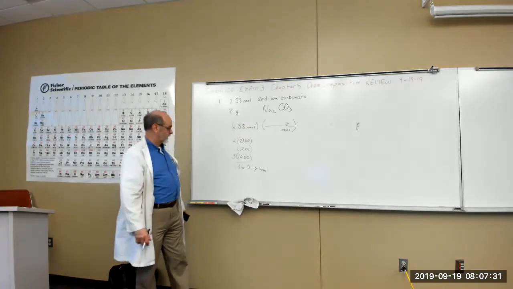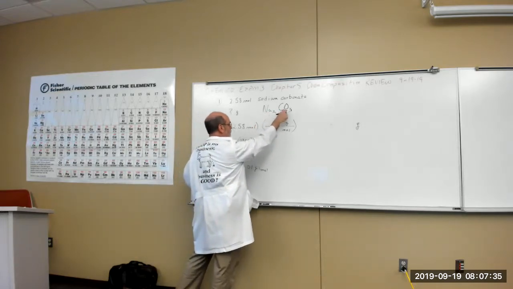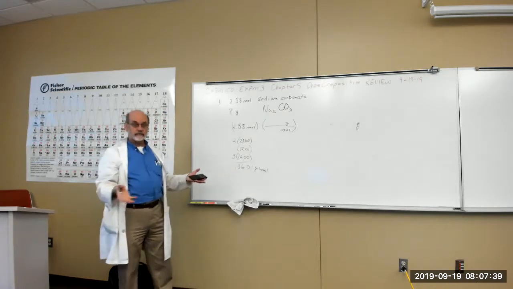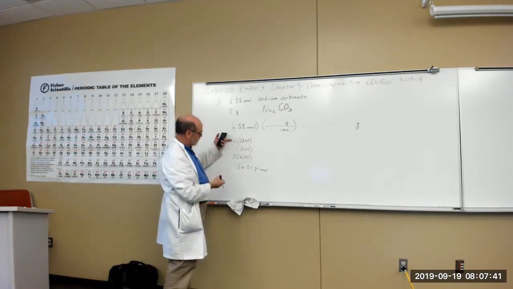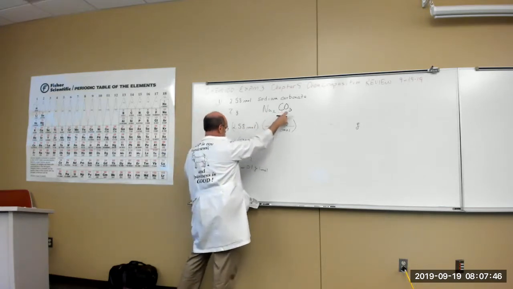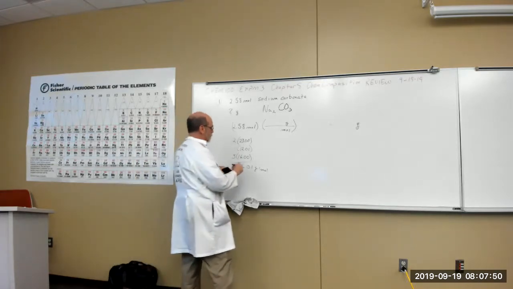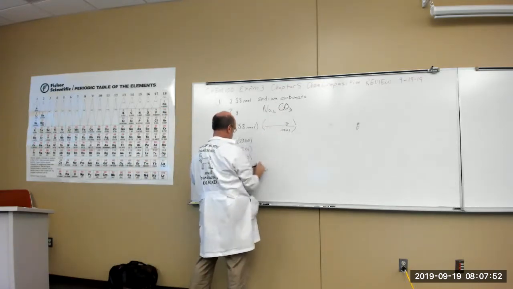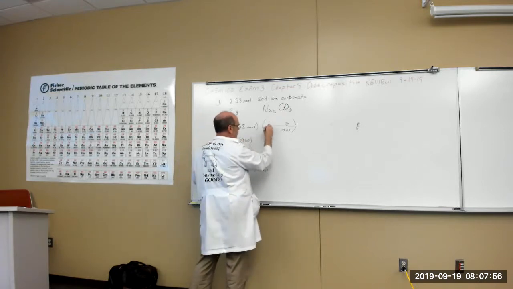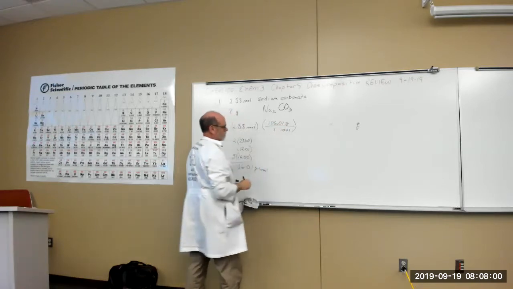And all you have to do is just add up the molar masses for each of the elements in the compound times however many there are. So that's what these are. 2 times that one, 1 times this one, 3 times that one. Add them up. Now we have our conversion factor for this compound. We know we have this many moles of it, and each mole weighs that much.